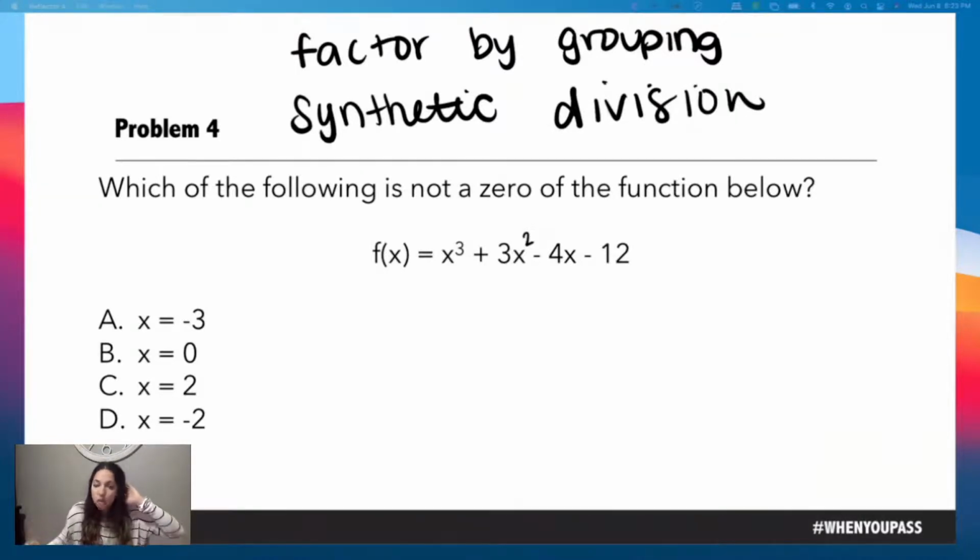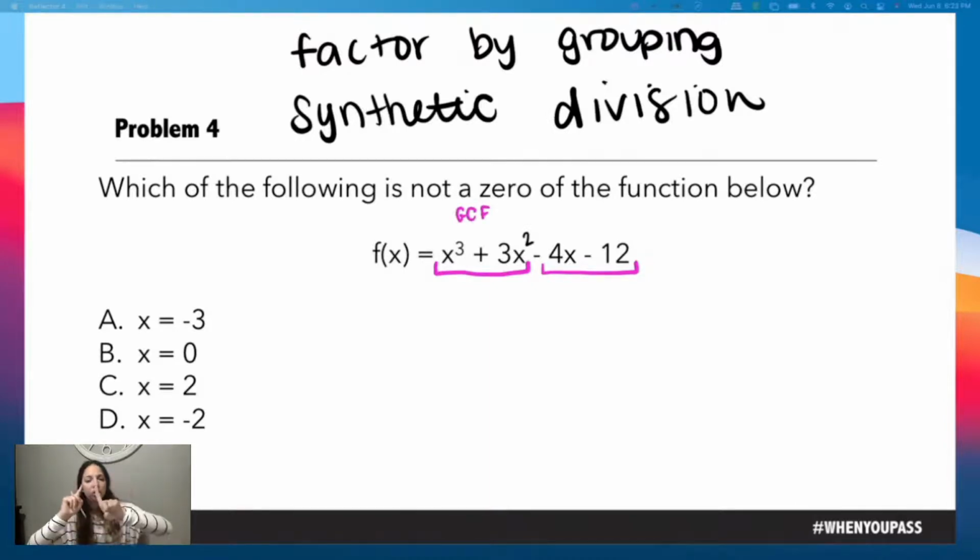All right, so how do we solve a problem by factoring by grouping? I literally am going to group two things together, group two more things together, and do a GCF of those things. Naturally, these two things are going to go together, and these two things are going to go together.